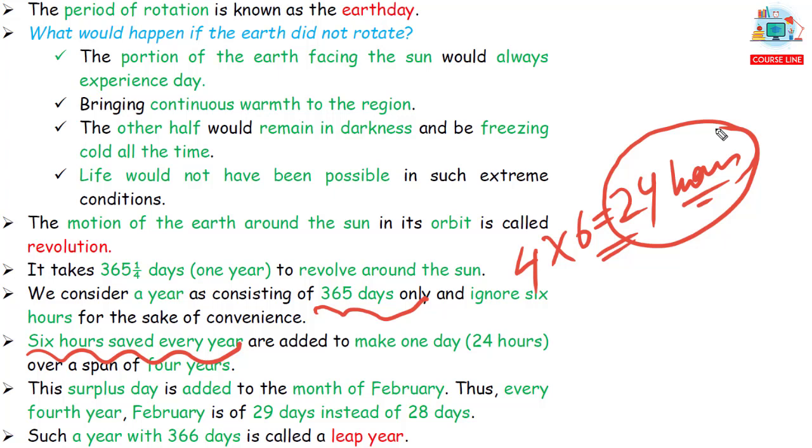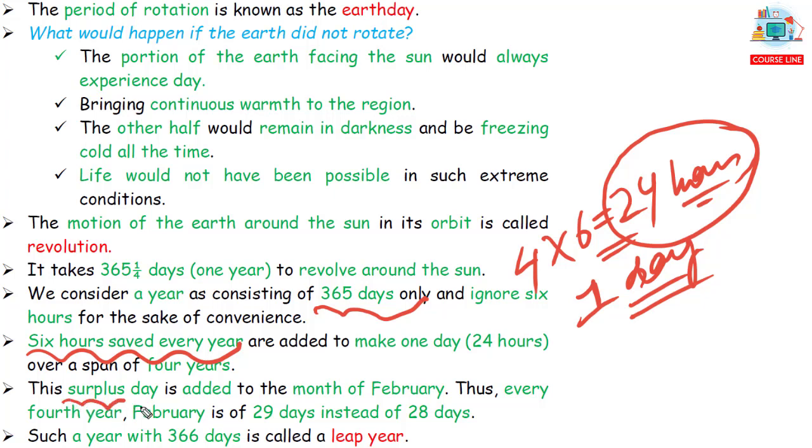So how can we compensate this 24 hours? We can compensate this 24 hours by adding it every 4th year. Okay, 24 hours means 1 day. So we are having 1 day in our hand which we have saved in 4 years.